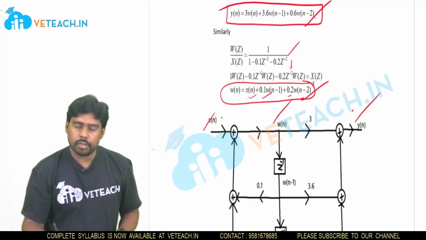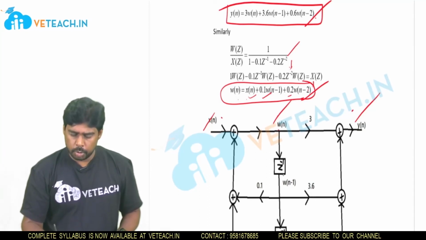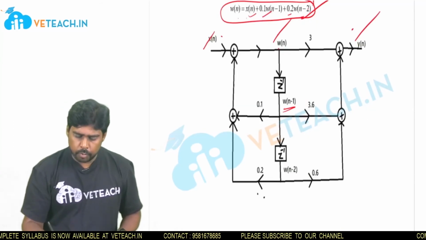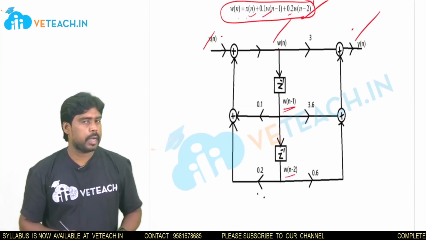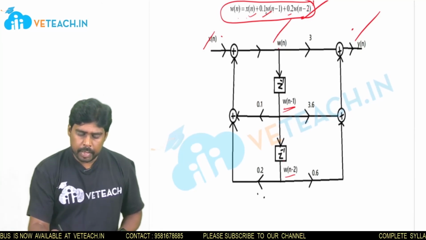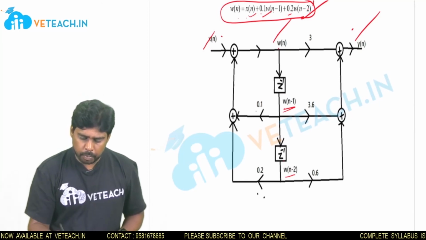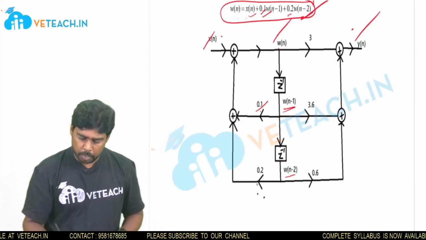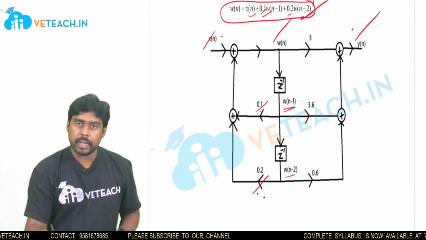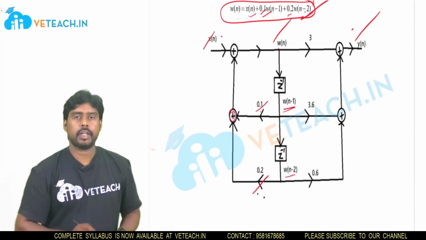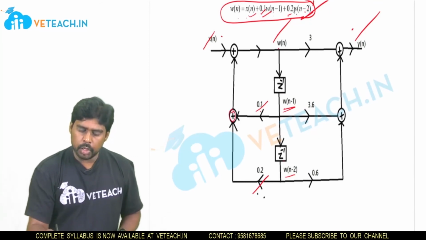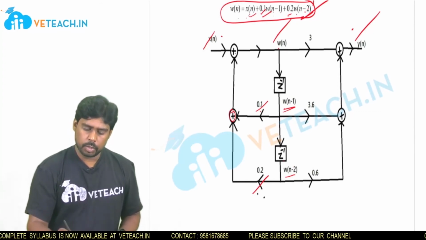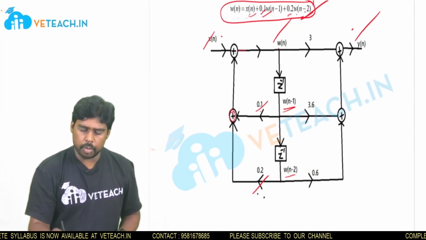Since this is w of n, if I send this to a z inverse block, I will get w of n minus 1, and with one more z inverse block, I will get w of n minus 2. w of n minus 1 is multiplied with 0.1, and w of n minus 2 is multiplied with 0.2. These two must be added, so there is a summing block here, and after adding these two, that must be added to x of n. There is a summing block here, so the output of this is w of n.